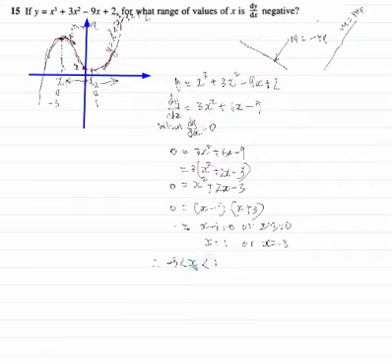Any value you choose bigger than minus 3 and less than 1 is somewhere here, and you can see the slope of the tangent is always slanted toward the left, so it's always negative, which is what the question asks for. Therefore, this is the answer.